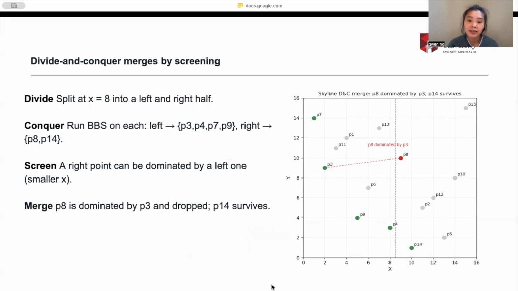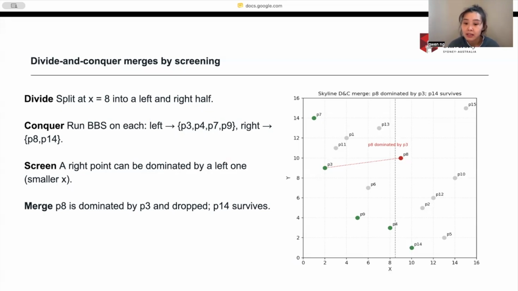Skylines also extend to divide and conquer, so I split at x equals 8 and run BBS on each half. The left half produces 4 skyline points and the right half produces 2. To merge them, we use a screening step, because every point in the right half has a larger x, so the only points that have to be knocked out are the right-hand ones.